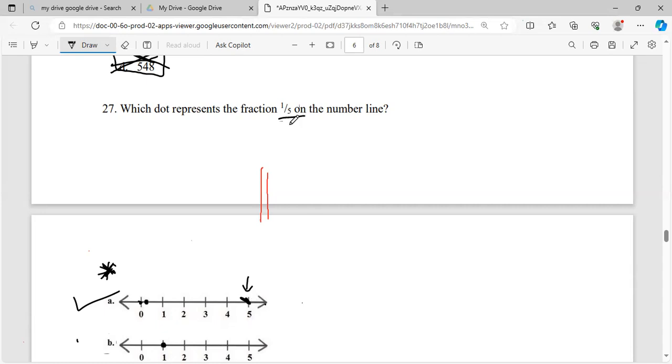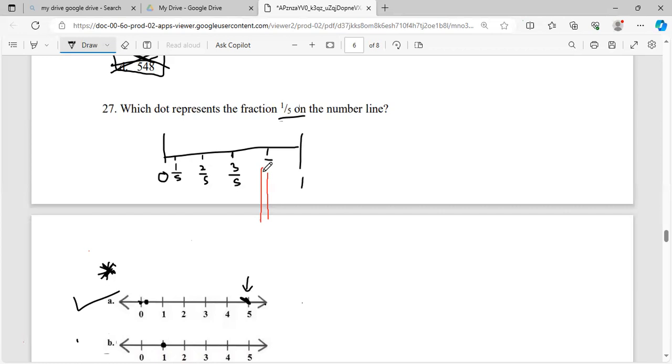Suppose you have a line and you want to locate 1/5 on it. Wouldn't it be about there, so it could pass the 0, because 5 of it would make it. So you have 1/5, then 2/5, then 3/5, then 4/5, 5/5 equals 1 whole.